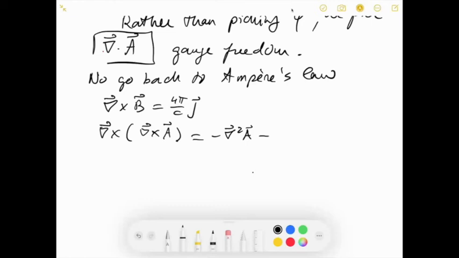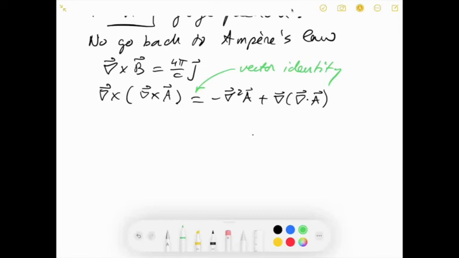We've used this a couple of times before. For double derivatives, I'm not sure if you call that a vector identity, but this is always true. This is not something specific to A.